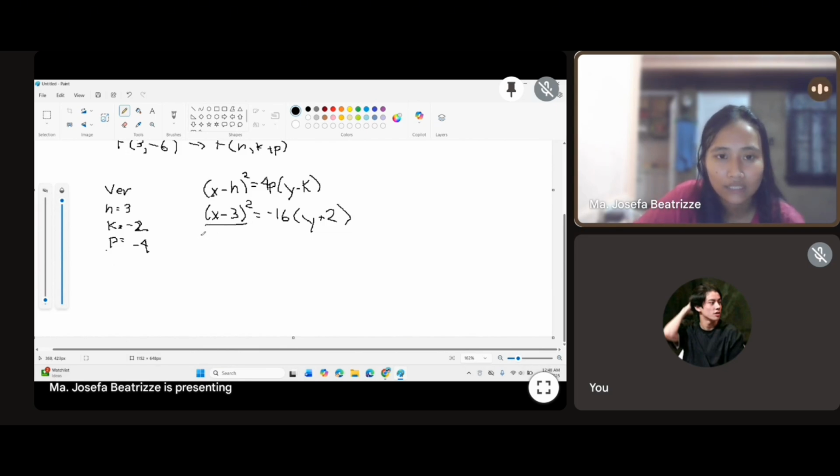And then now let's try to expand this on our left hand side. So that would be x squared minus 6x plus 9. And then on our right hand side, let's distribute our -16. So that would be -16y plus -32.